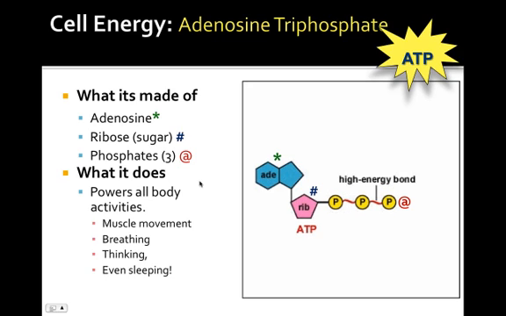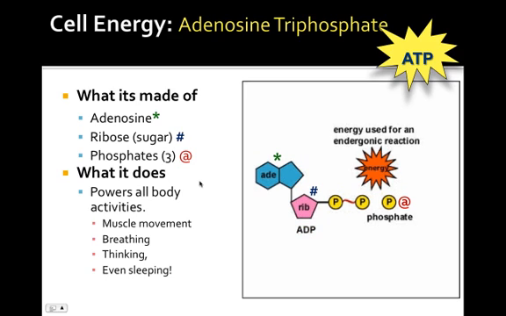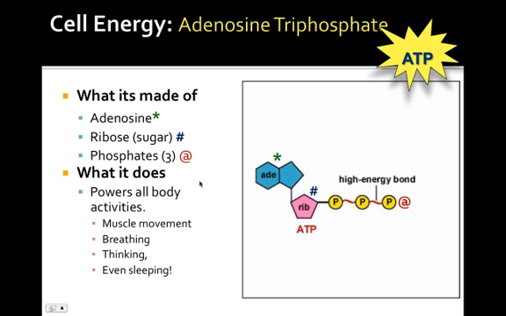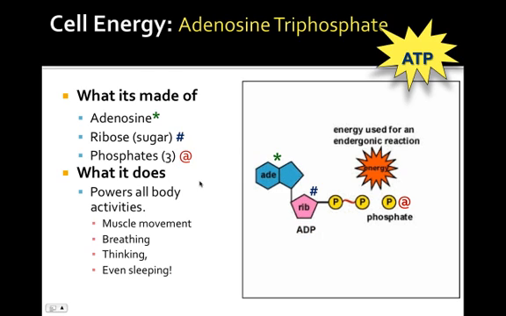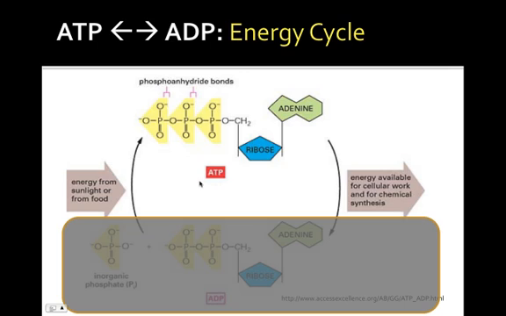And so as that energy bond is broken, you'll see that it releases a lot of energy for the cell to do its job. So again, that last phosphate, once it gets kicked off, the energy is released, and we have the energy to do the job of every bodily activity. So it cycles between two different conformations or positions.